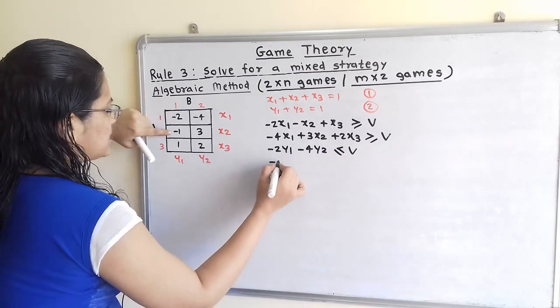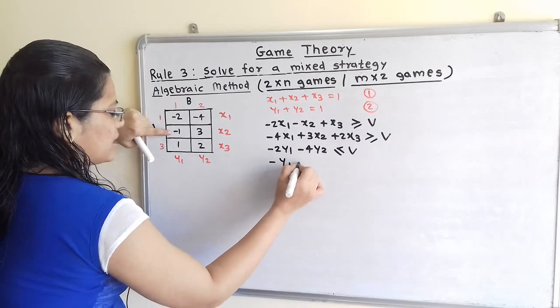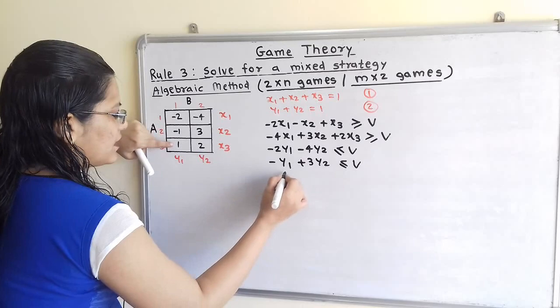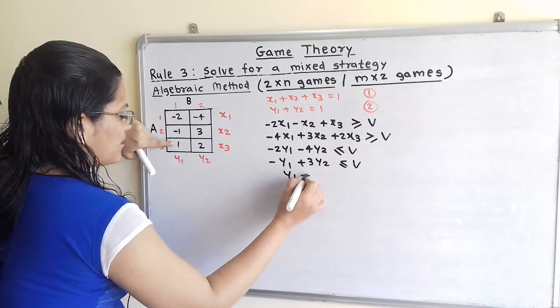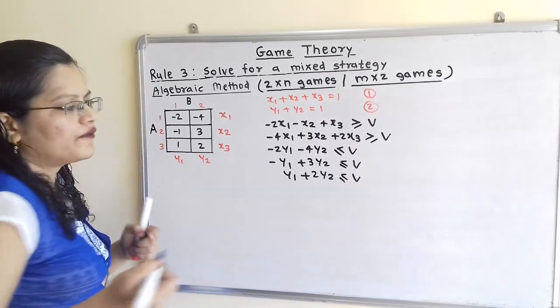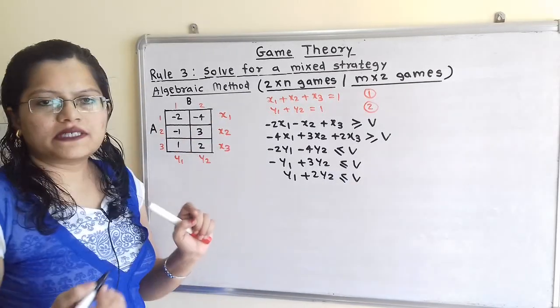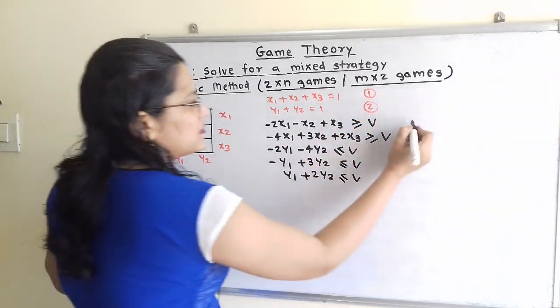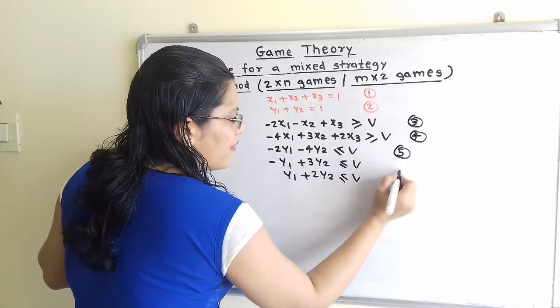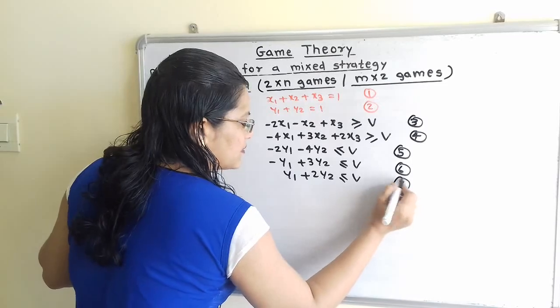Then minus y1 plus 3y2 should be less than or equal to v. Then y1 plus 2y2 should be less than or equal to v. For each of these equations we will assign numbers: equation number 3, 4, 5, 6 and 7.